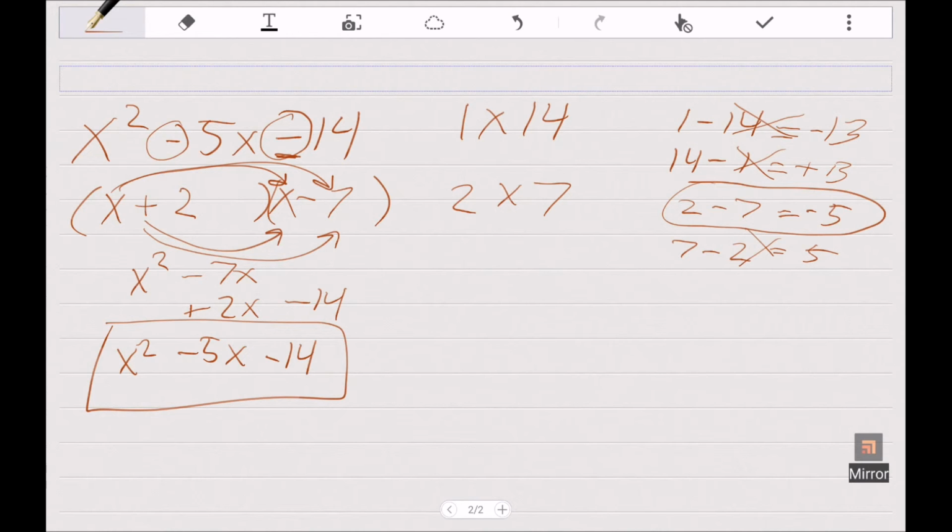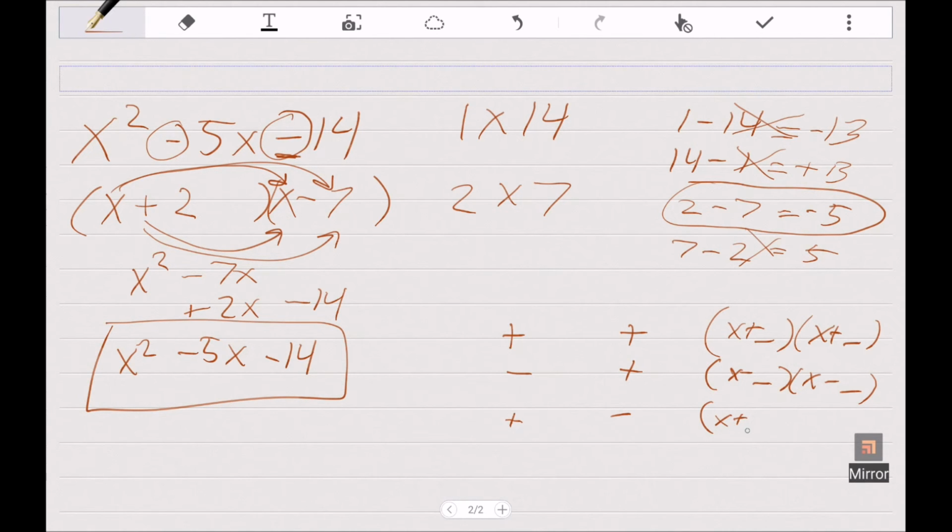So, we have a couple of situations here. If you see positive, positive, then you're going to have x plus something times x plus something. If you have negative, positive, then you're going to have x minus something times x minus something. Also, we can have positive, negative. This is where our signs are different, so we're going to have x plus something times x minus something.